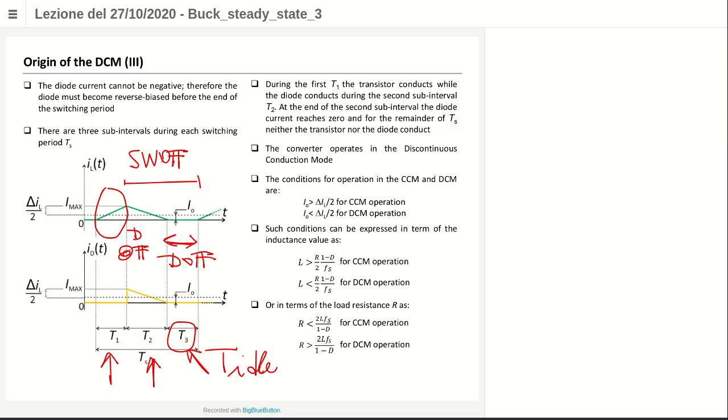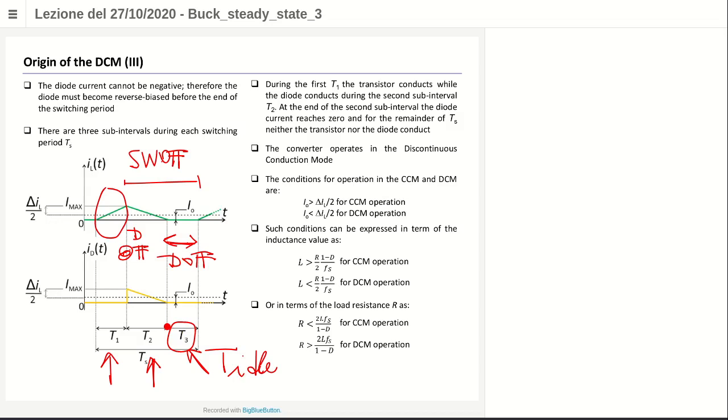So as you can see, you can describe the discontinuous conduction mode by inserting a third state of conduction in which both the switch and the diode are off. Remember that in the beginning of the discussion, I said that the switch network can have two different states, but can accept a third one, in which both switches are off. Discontinuous conduction mode exploits this state of conduction with both switches off in this T idle or T3 interval.